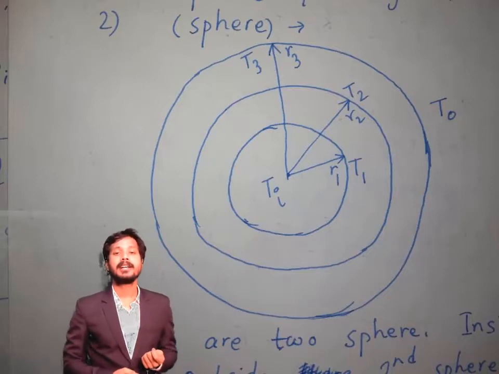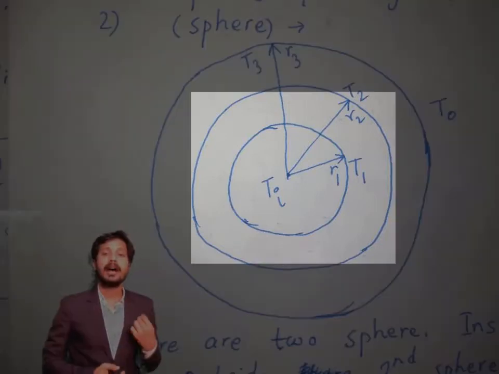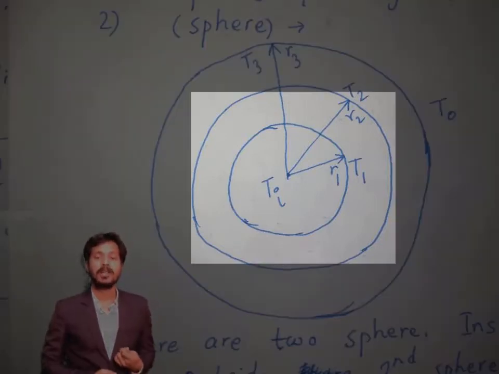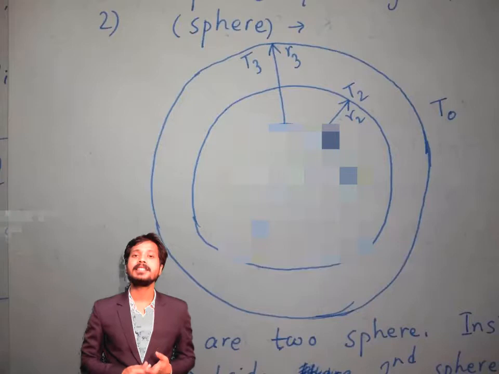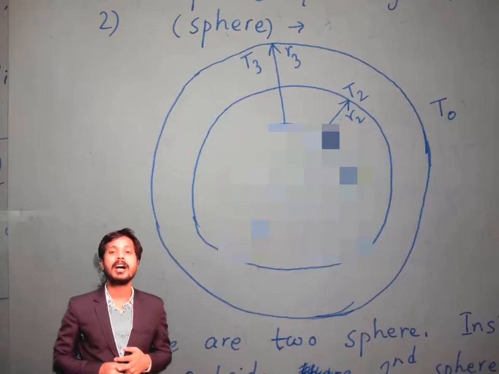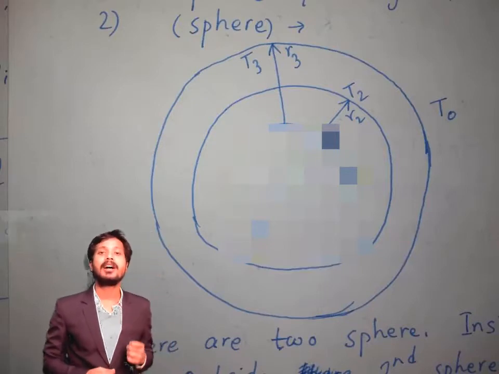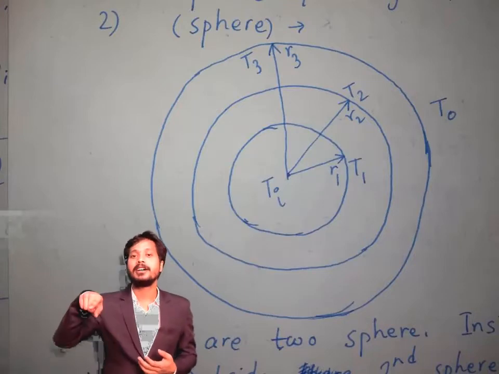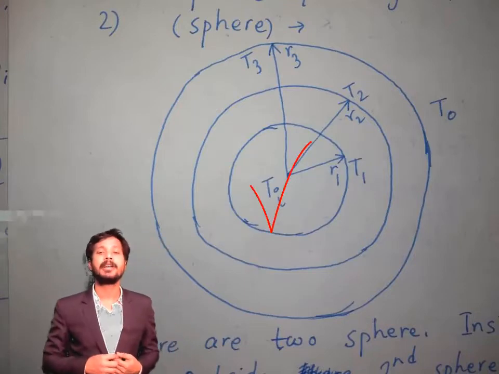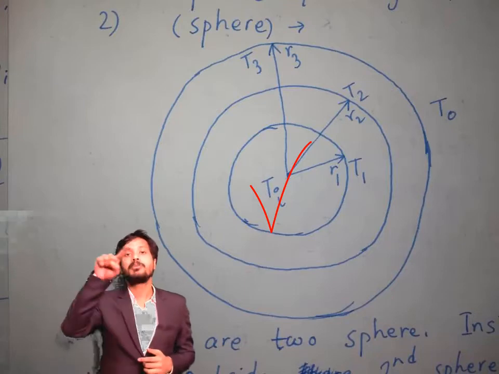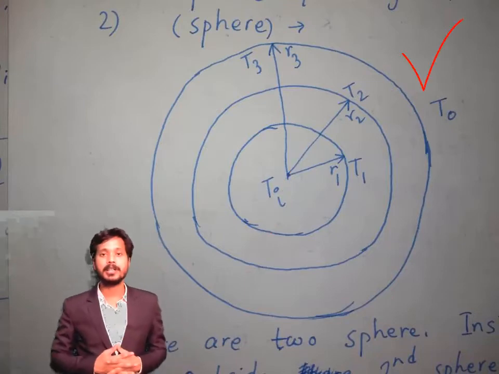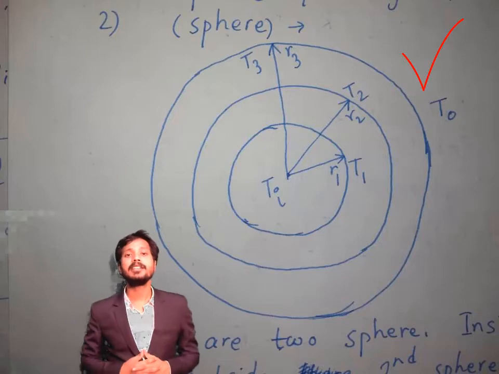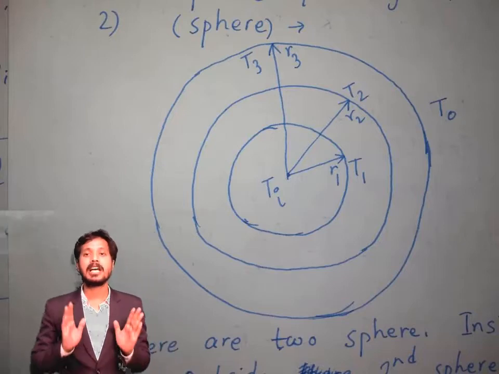One sphere has inner radius R1 and outer radius R2. The second sphere has inner radius R2 and outer radius R3. Inside the first sphere you have air, and beyond the second sphere there is also air present. So this is about the picture.